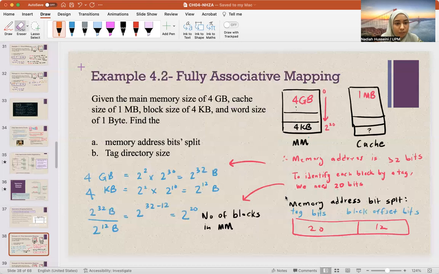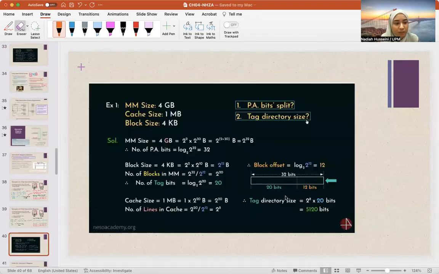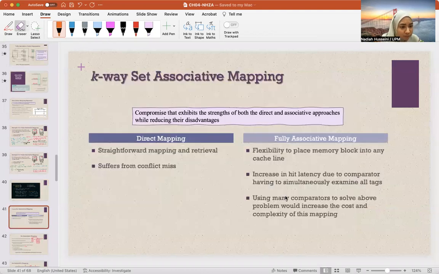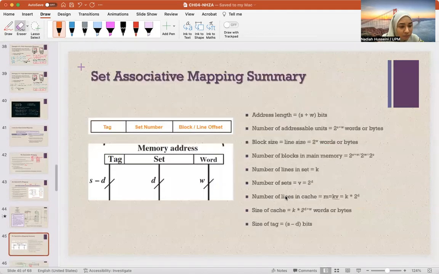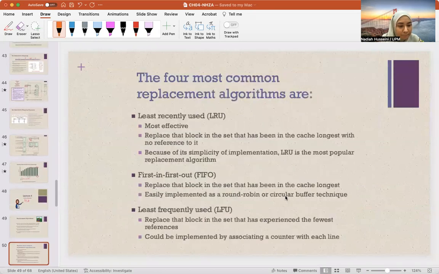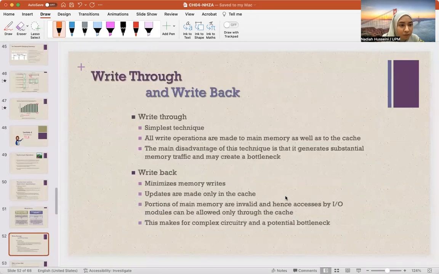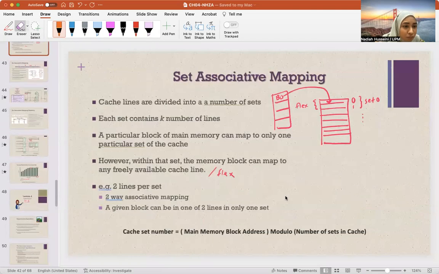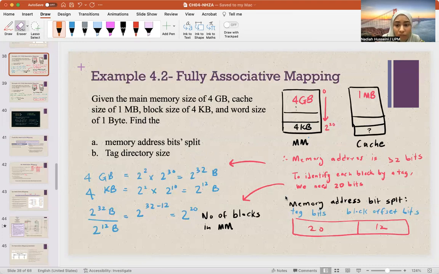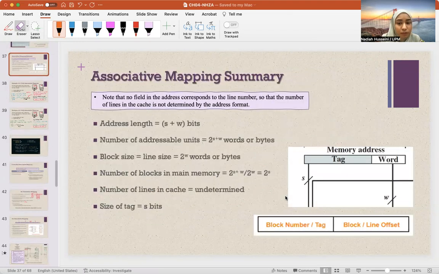Then let's go for the next practice problem, which is based on fully associative. Is it fully associative or set associative? Let's see, where is it? It's this one.